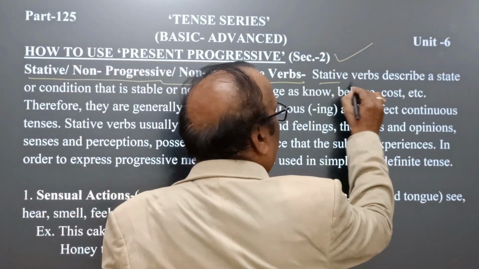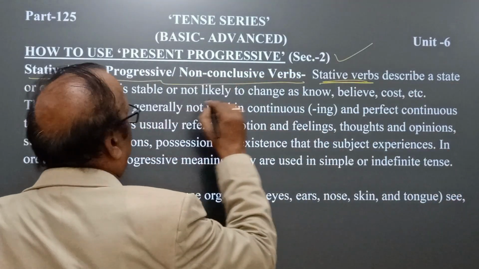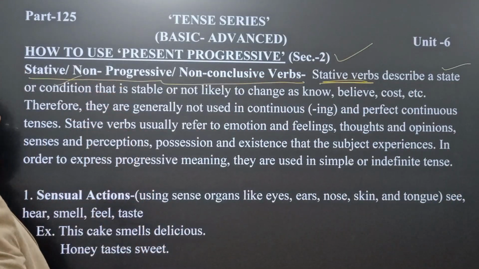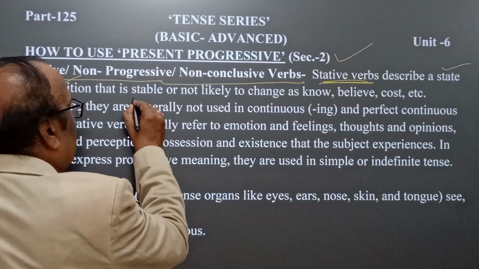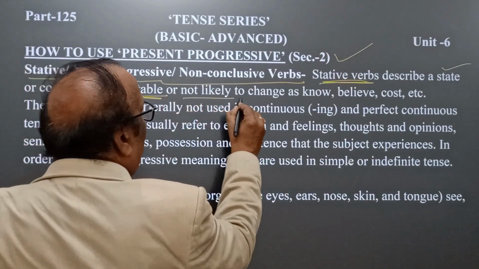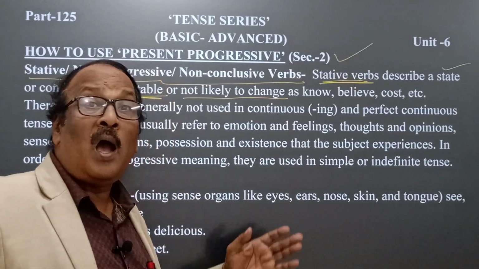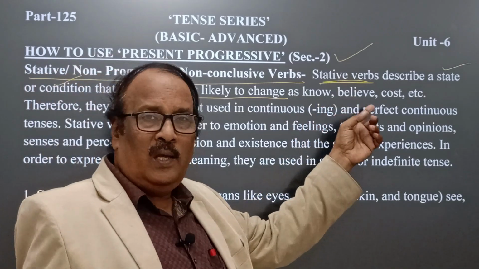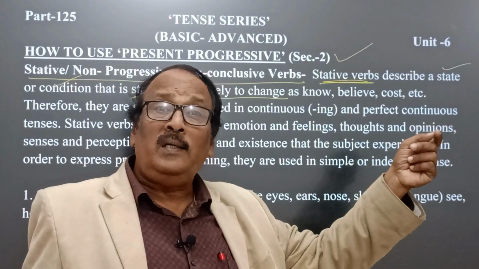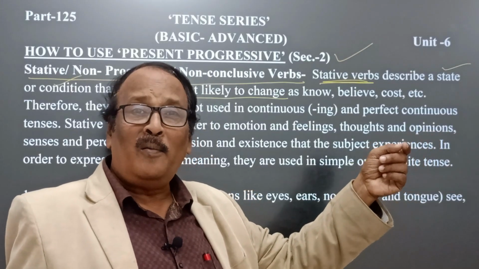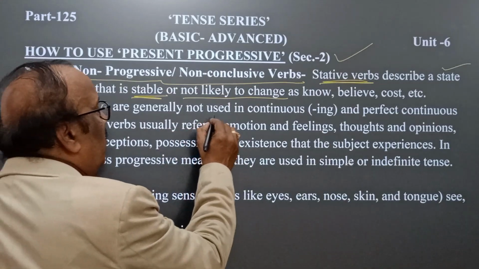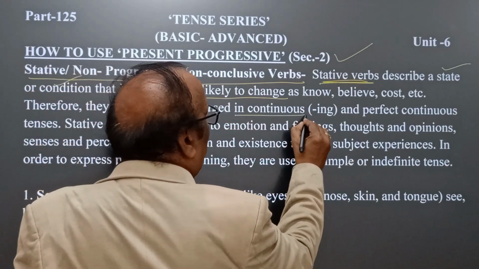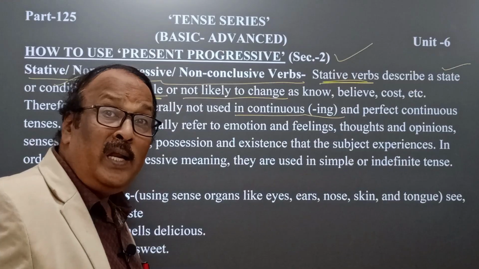Stative verbs describe a state or condition that is stable, meaning constant, or not likely to change, such as know, believe, cost, see, understand, love, etc. Therefore, they are generally not used in a continuous or ing verb form.